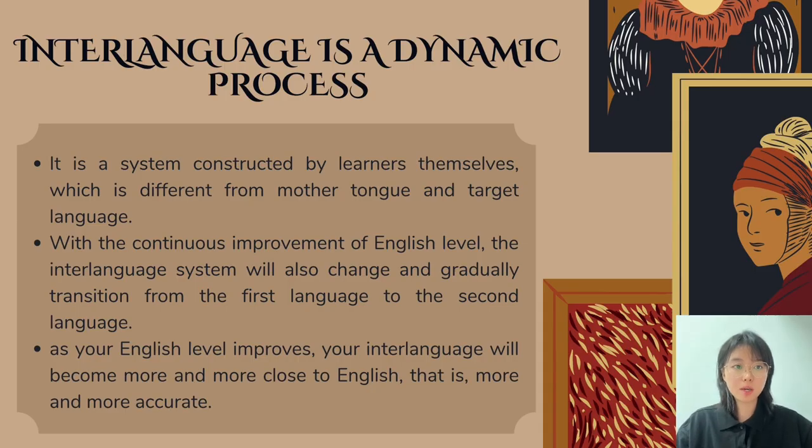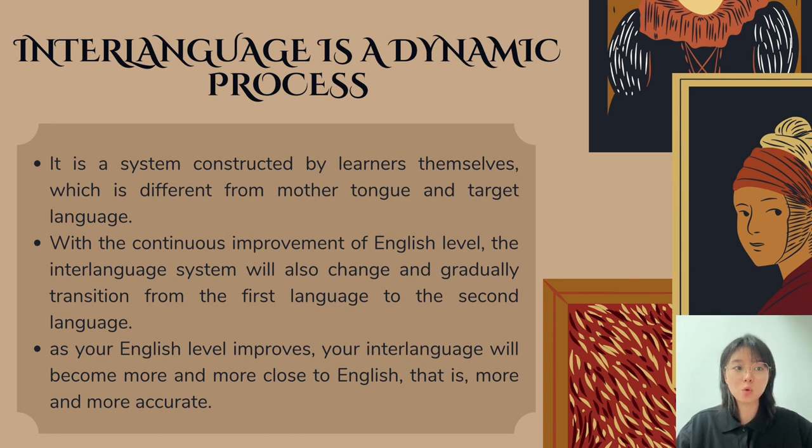Interlanguage is a dynamic process. It's a system constructed by learners themselves, which is different from the mother tongue and the target language. Interlanguage usually occurs when learners are learning a second language, such as when Chinese people are learning English. With the continuous improvement of English level, the interlanguage system will also change and gradually transition from the first language to the second language.